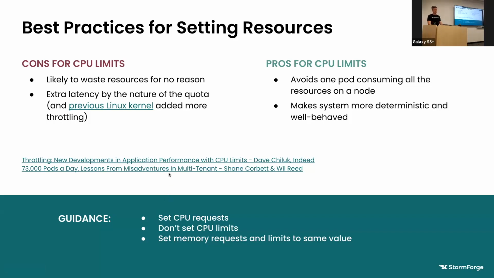I linked to two talks. A few people ran into this. These are KubeCon talks from past years. A few people ran into strange things in their Kubernetes deployments at scale and traced it back after a few weeks to setting CPU limits. So we would strongly say don't.